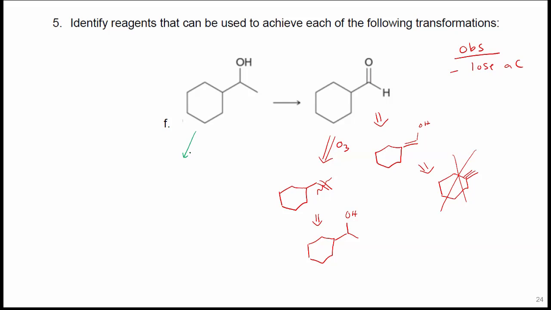So if we're going to do that synthesis, we need to make our OH a good leaving group. So I'll tosylate that. And tomorrow we'll learn new ways to make a better leaving group that's not tosyl. So now I need to do an elimination. And if I want to get the alkene on the end, I need to use t-butoxide.